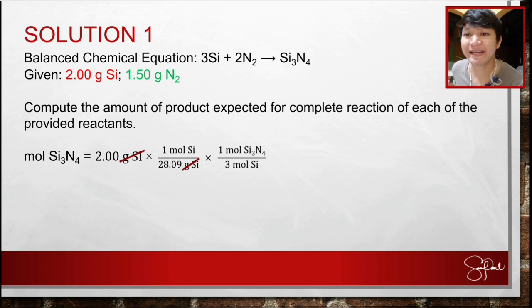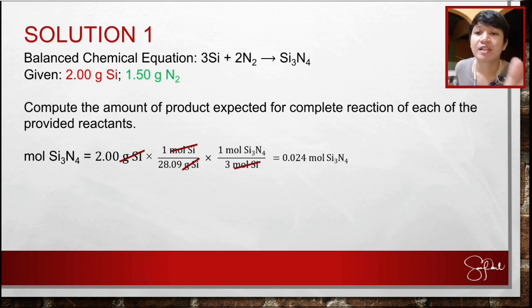Now we can cancel moles of Si, and we have the unit that we are looking for, moles of Si3N4. Now we can proceed to our calculation. You just need to use your calculator and press 2 times 1 over 28.09 times 1 over 3, and we arrive at the answer 0.024 mole of Si3N4. That is our answer for the first part.